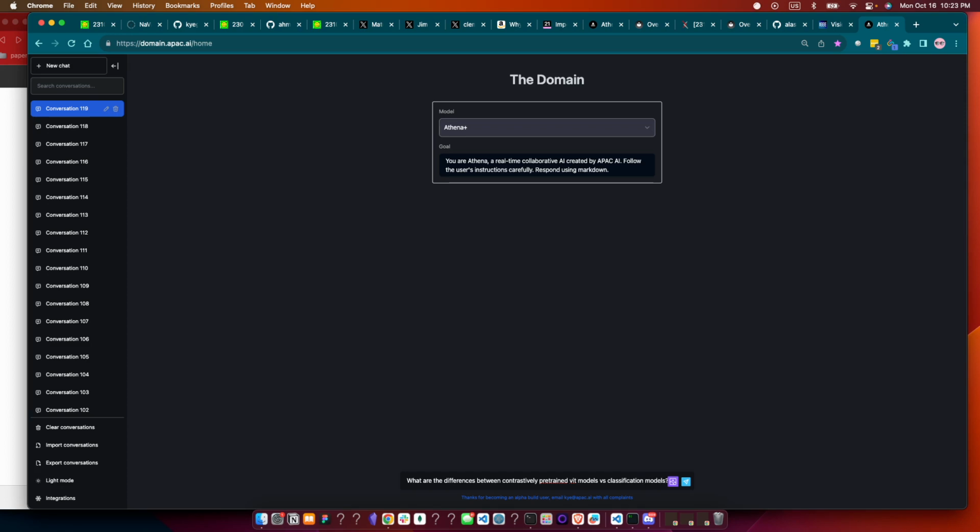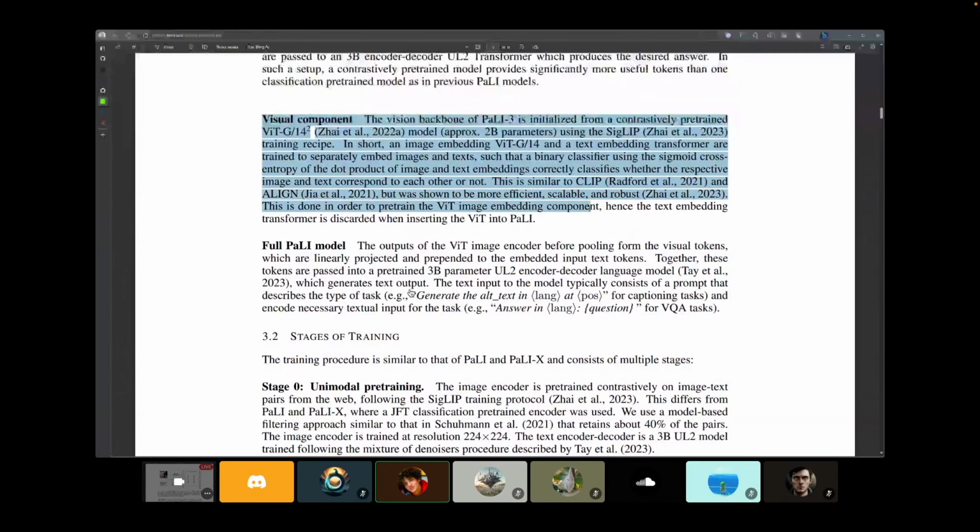This is somewhat complex, but was shown to be more efficient, scalable, and robust. And this is done in order to pre-train the ViT image embedding component.